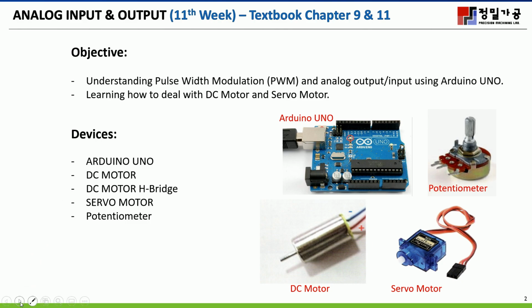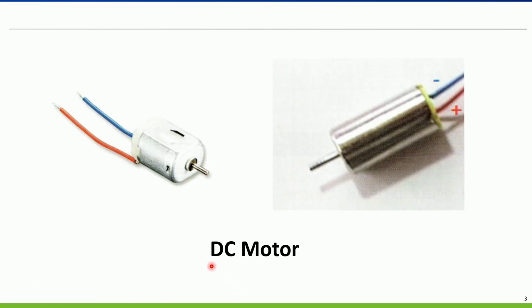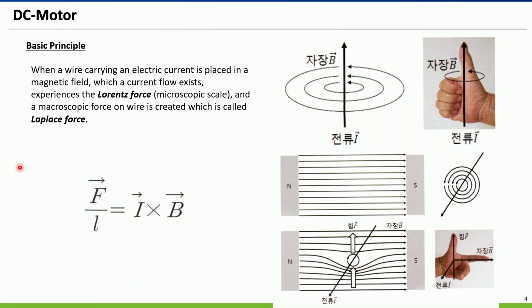All right, so we first discuss the DC motor, which is the micro DC motor. The basic principle of DC motor is based on the principle of the Lorentz force.